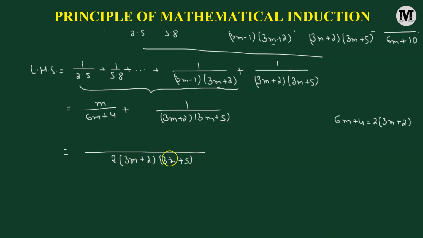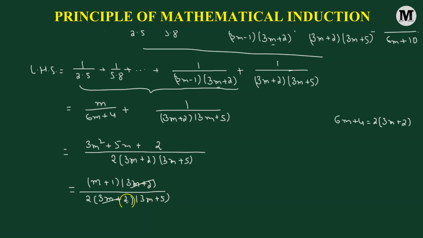In the numerator, we will now be getting 3 times m squared plus 5m plus 2. Now we can factorize the numerator. Factorization by splitting the middle term gives us m plus 1 multiplied by 3 times m plus 2 in the numerator. In the denominator we have 2 multiplied by 3 times m plus 2 multiplied by 3 times m plus 5. So here we can cancel 3 times m plus 2 from the numerator and the denominator.